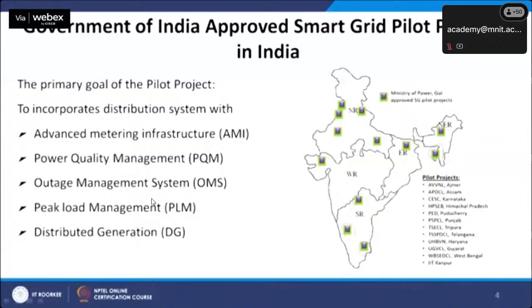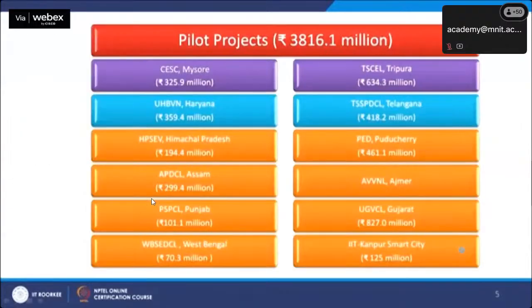Most of them have been completed and some are still in progress. The pilot projects cost a lot, like 3,816 million rupees have been spent to achieve the smart grid outlook through these pilot projects.